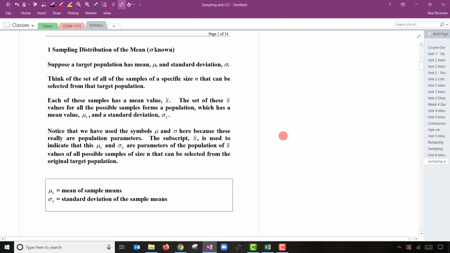So let's take another sample, calculate its mean. A third sample, calculate its mean. And all these samples are coming from the same population. I'm creating a new data set where I have the mean of each of my samples. So I can start studying my new data set of means.